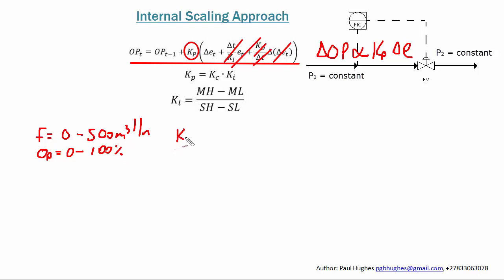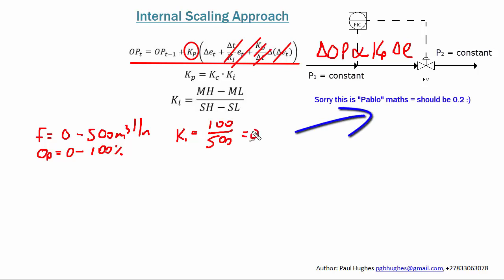The internal scaling factor is 100 over 500 equals 0.25. So for a gain of 1, the actual gain used by the controller, kp, is 0.25.